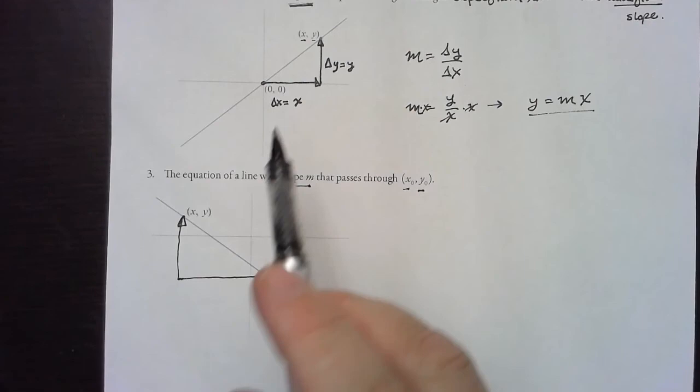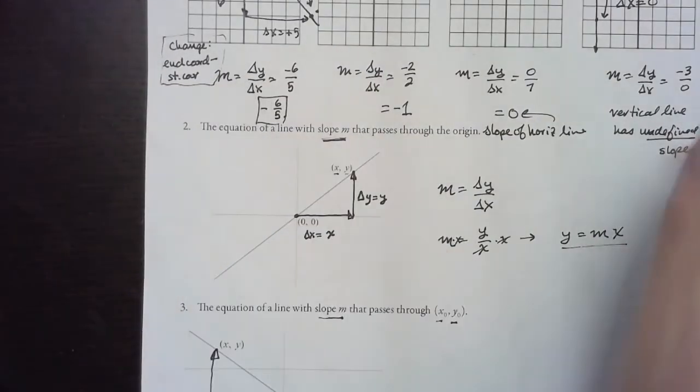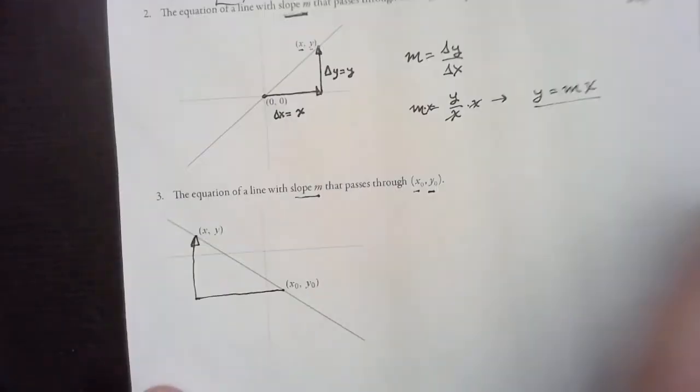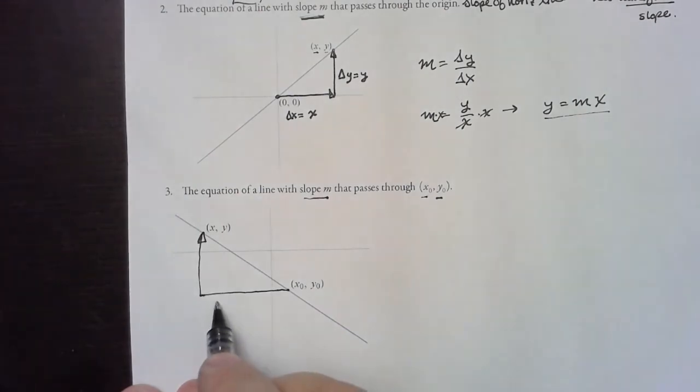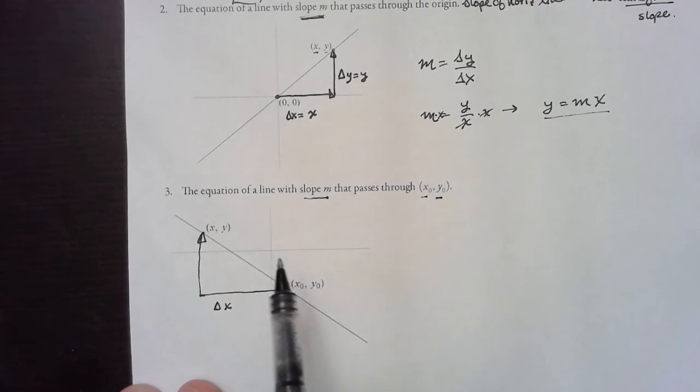So, following the idea of end coordinate minus start coordinate to get changes, my change in x is end coordinate x minus start coordinate x sub 0. Remember, when you put a subscript on a variable, it can represent a different value. These could very well be different numbers. The reason we use x sub 0 is because we don't want to lose the fact that this is an x coordinate. It's just a different x coordinate from that.